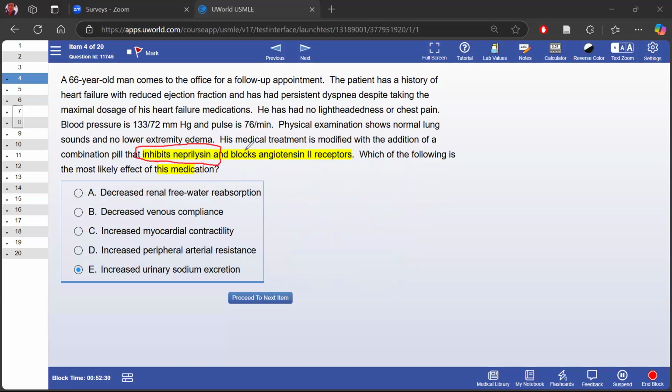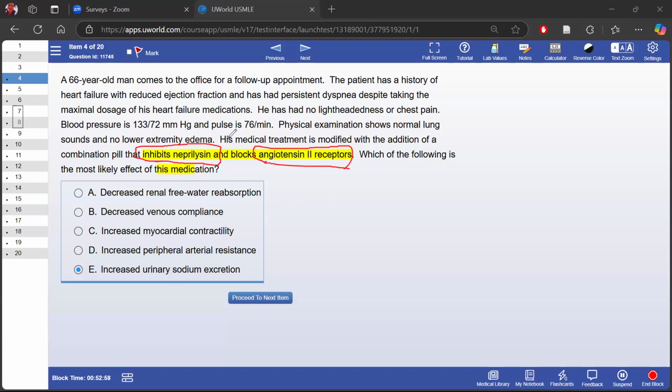But since the second component also blocks angiotensin 2, I should be able to use that to still make the best guess, which will still be E. If I remember that angiotensin 2 stimulates aldosterone, and aldosterone increases sodium reabsorption, I can still get this question correctly. If I don't remember neprilysin, I'll still arrive at the same answer.